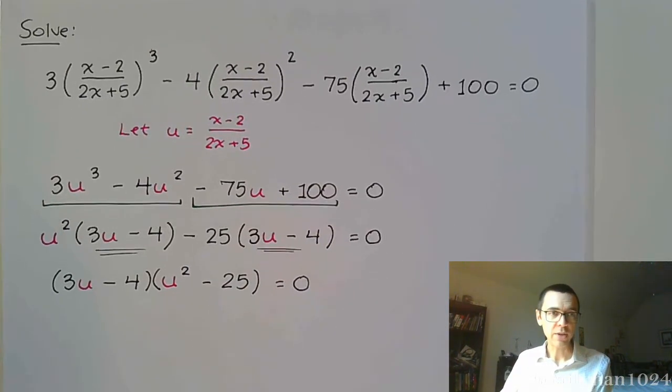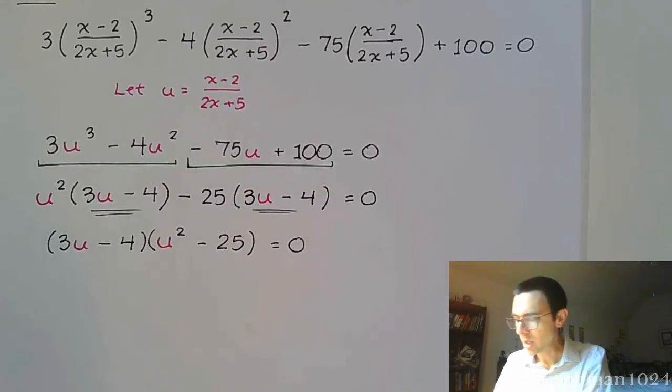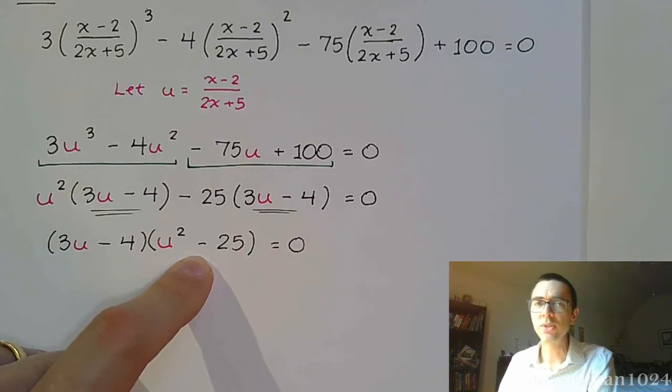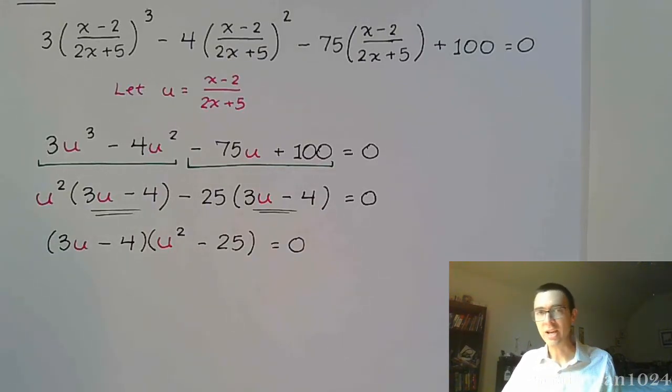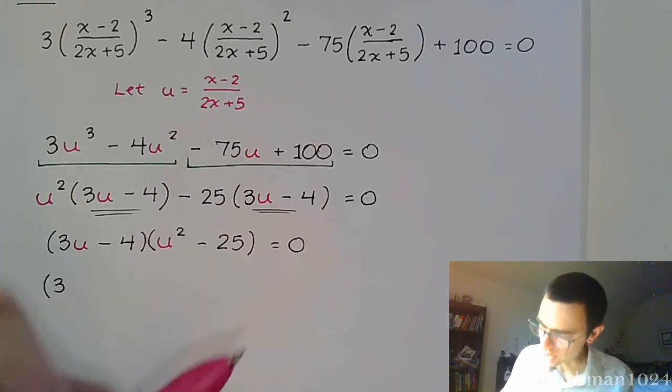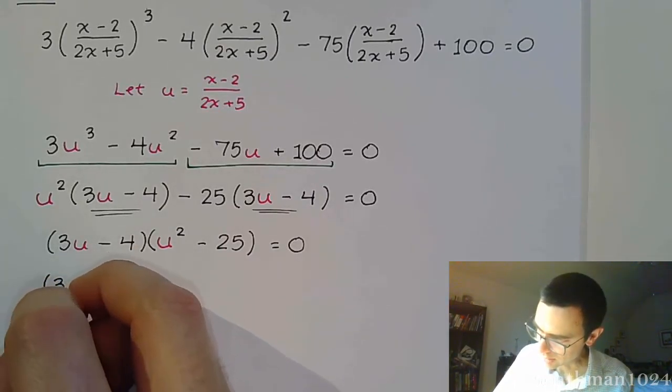Now, we're not even done factoring, because if you look at this carefully, you've got u squared minus 25. And u squared minus 25 is the difference of two squares, so that guy can actually break down a little bit more. So let's go ahead and do that so we can completely factor everything.